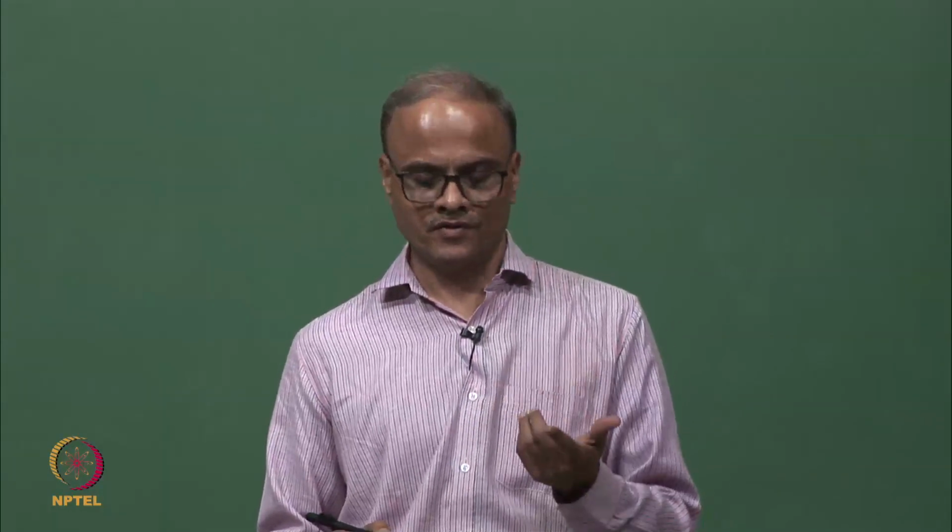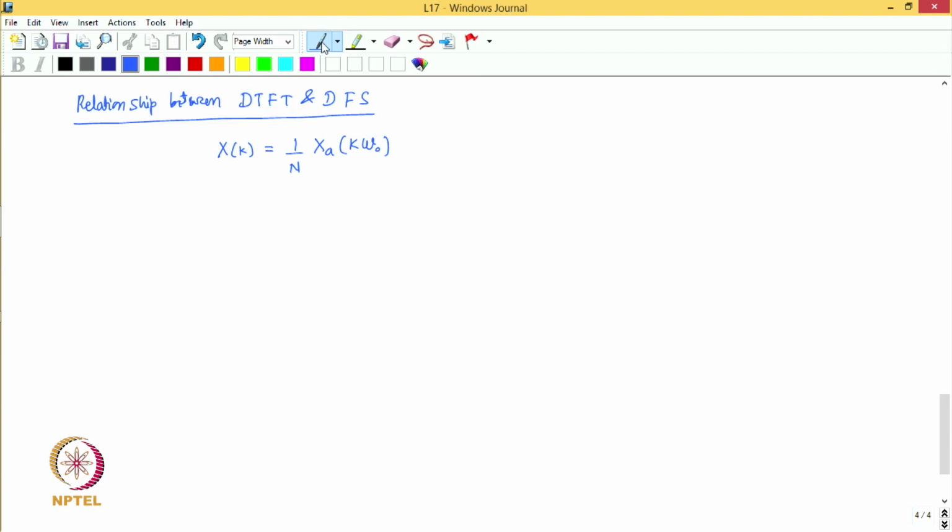So this is an important result: X[k] is a sampled and scaled version of the DTFT, that is X_a(omega). Effectively we draw discrete samples from the DTFT and then scale by 1 by N to get the DFS.